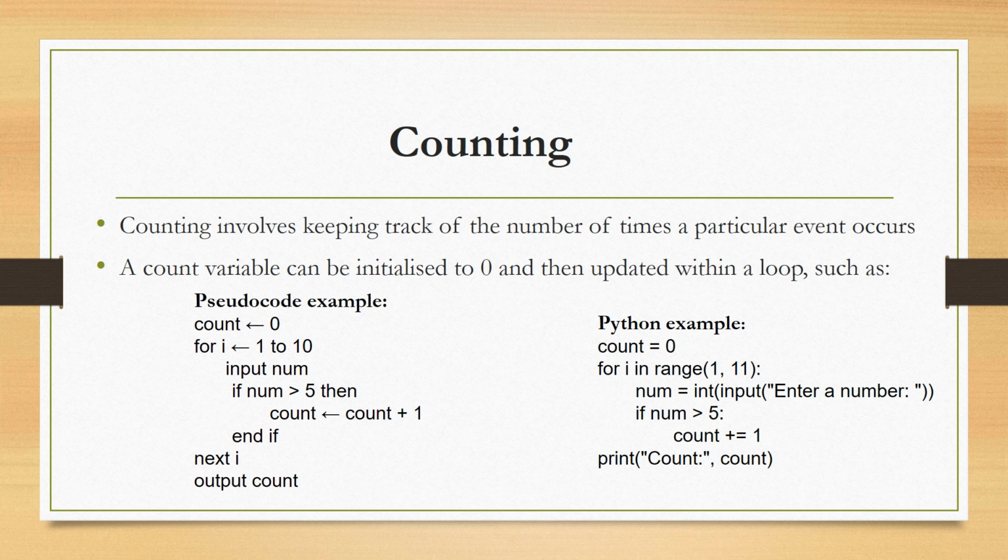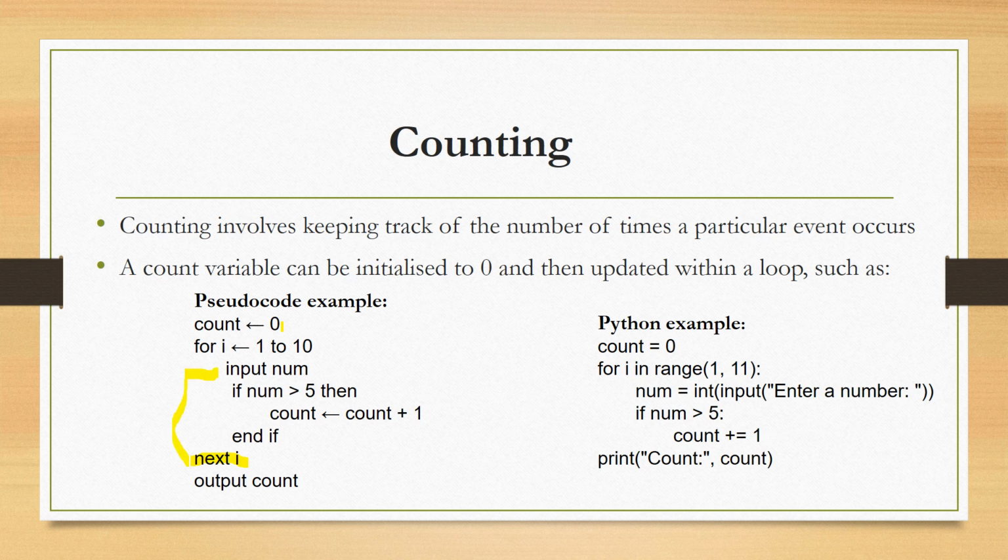Counting involves keeping track of the number of times a particular event occurs. Count variables can be initialized to 0 and then updated within a loop. See, like count equals 0, and for i is 1 to 10 input, and if number is greater than 5, then we increment count, and if number is not greater than 5, then we just move to the next iteration.